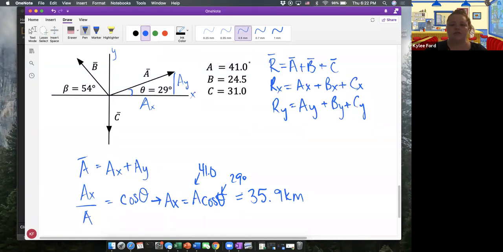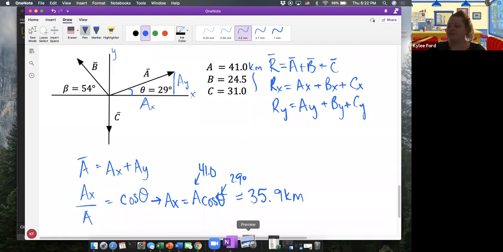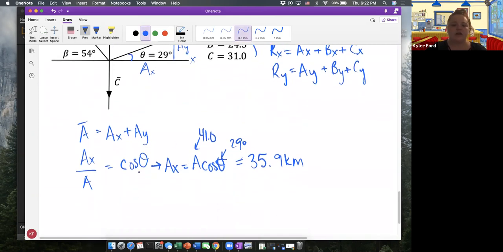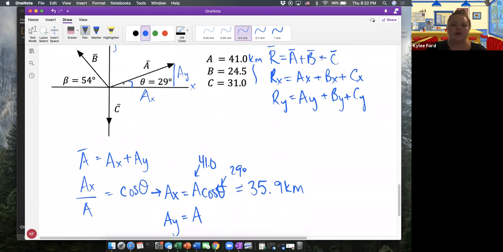I should have written that down: kilometers. So now we have our AX. Our AY is going to be solved in a similar way. AY is going to equal A times sine of theta, because we have opposite and hypotenuse.